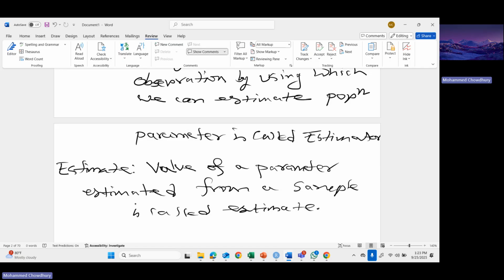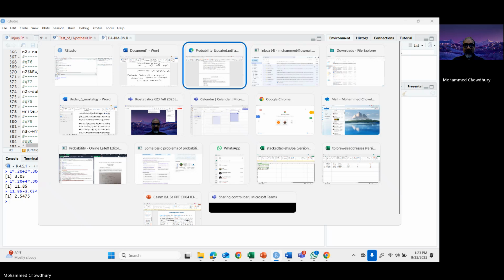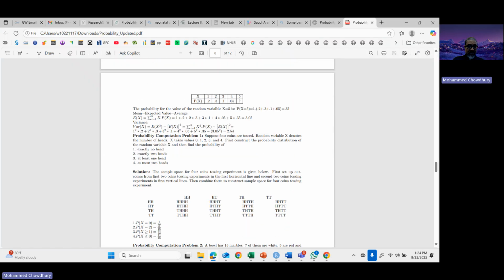General means the formula by using which we can estimate the population parameter is called the estimator. Okay. So these are the discussions about how to compute mean and variance for the random variable X which has a probability distribution.